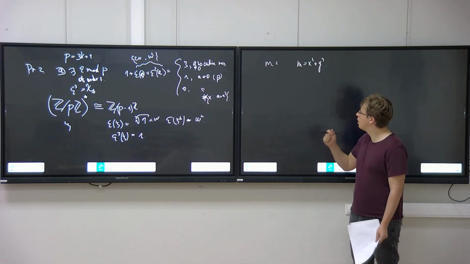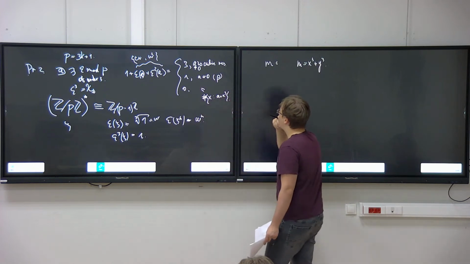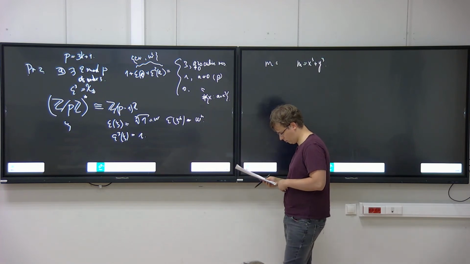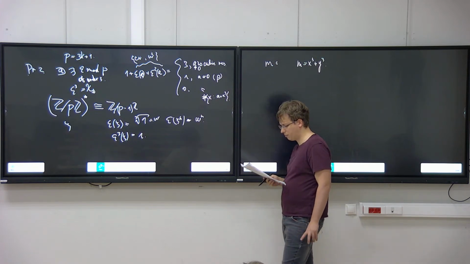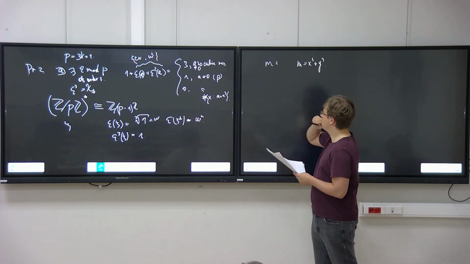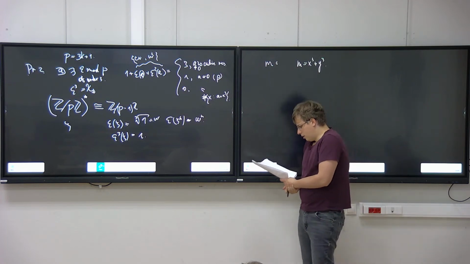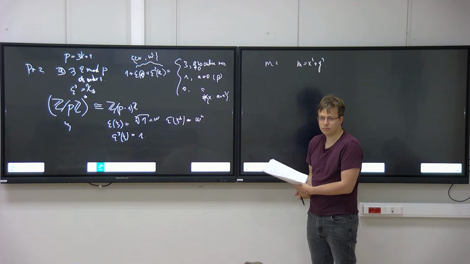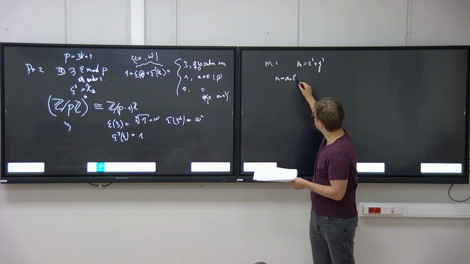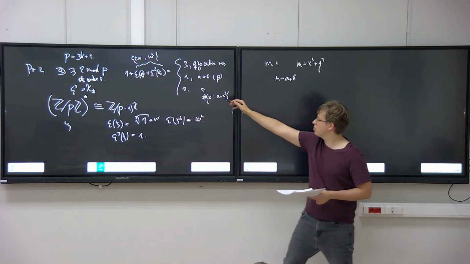Maybe we take one such character and another one? Or take this one and put it into the Jacobi sum? No, that's nonsense. What does the sum of cubes have to do with it? We need an idea. We want to represent M as A plus B, such that A is a cubic residue, so this is free of 1, and B is also a cubic residue, free of 1.